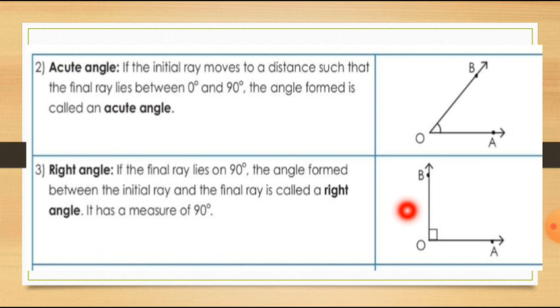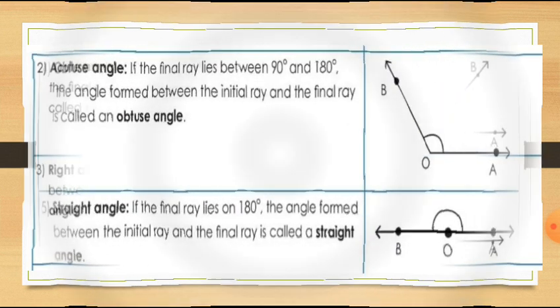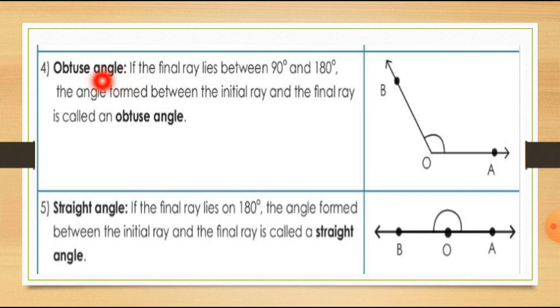Got it, children? Now the next type of angle is obtuse angle. Obtuse angle means if the final ray lies between 90 degree and 180 degree, the angle formed between the initial ray and final ray is called obtuse angle.